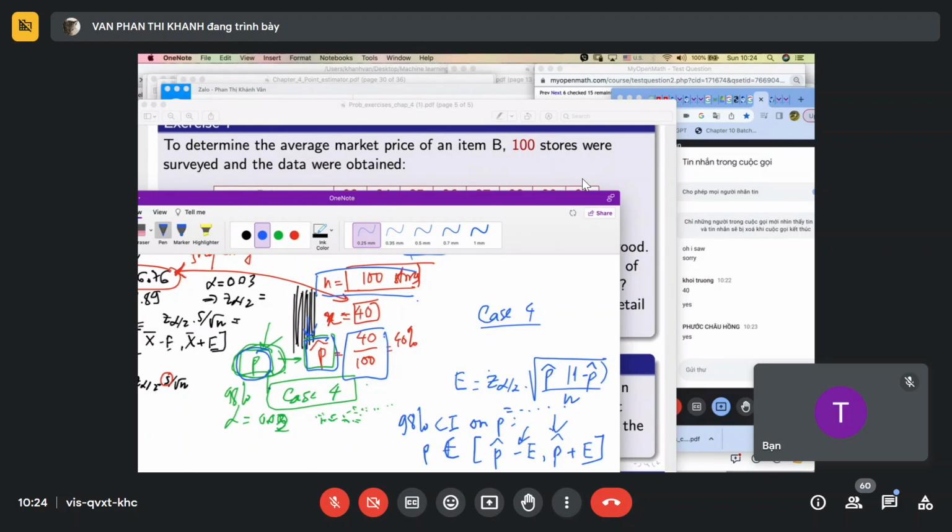So please, what is z alpha over 2? If alpha is 0.02, then alpha over 2 is 0.01. Can you tell me what is z alpha over 2, class? Please find it right now.